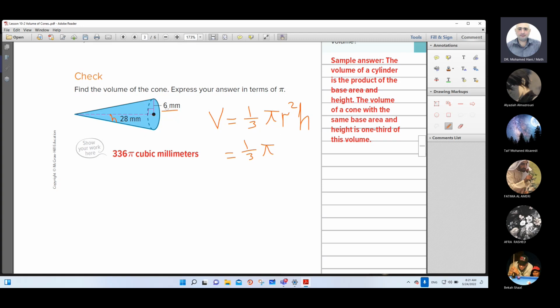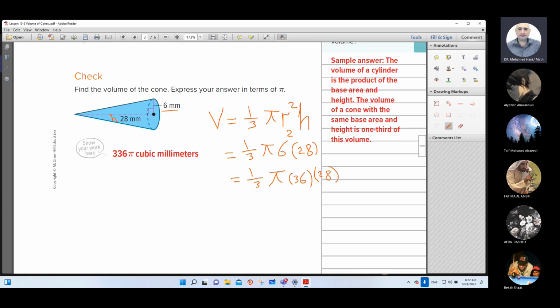what is the value of r? 6. 6 squared. What is the value of h? 28. So 1 over 3 by 6 squared means 6 times 6 means 36 times 28.